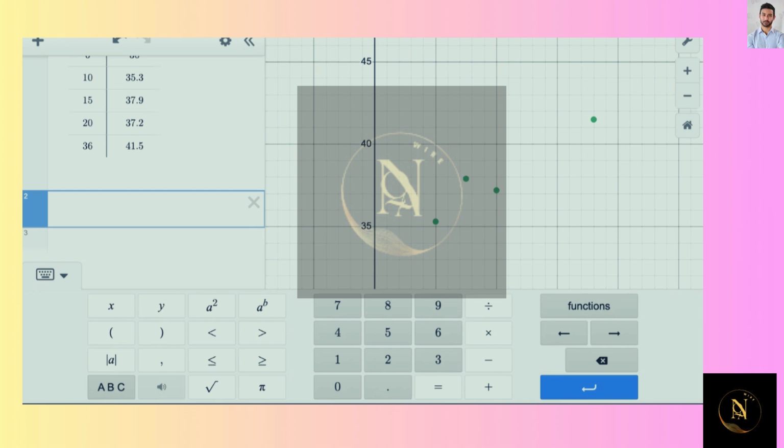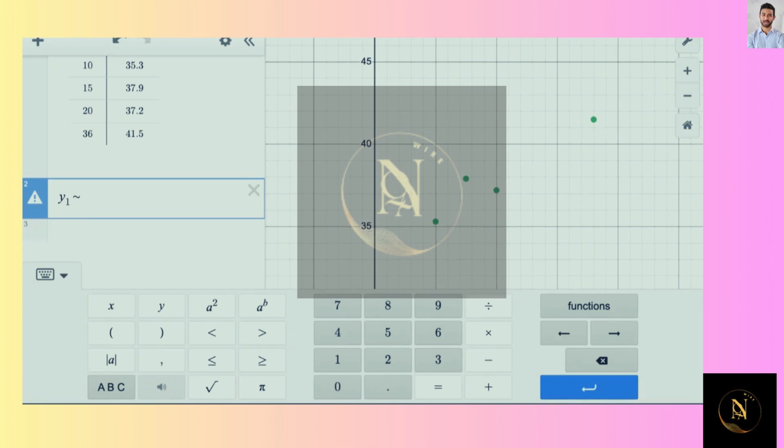All right, so a logarithmic model would be y1 is approximately a plus b times the log of x.